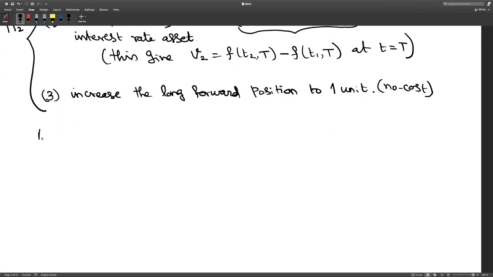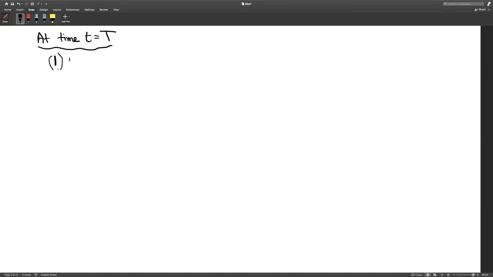Now finally, at time t equal to capital T, what happens? If there are more intermediate time steps, then you have to do this process again and again till capital T. Since I have taken only 2 time steps, the third one I am touching is the expiration. So at time t equal to capital T, how much are we going to receive from the risk-free investment?